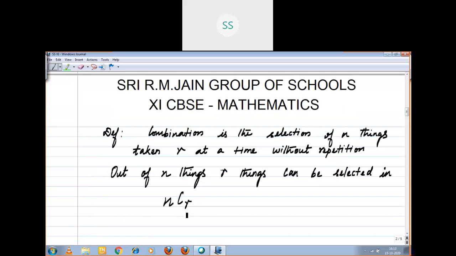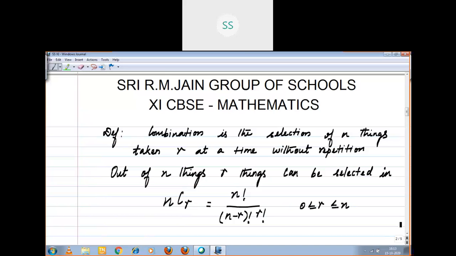We read it the same way as nPr, which I have taught you. What is the meaning of nCr? The expansion is n factorial divided by (n minus r) factorial into r factorial, where 0 is less than or equal to r, less than or equal to n.